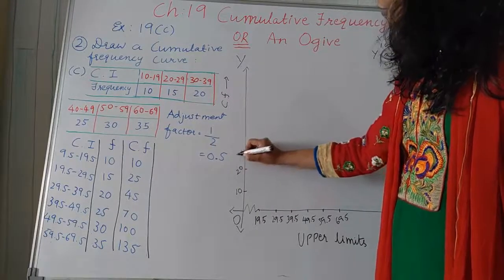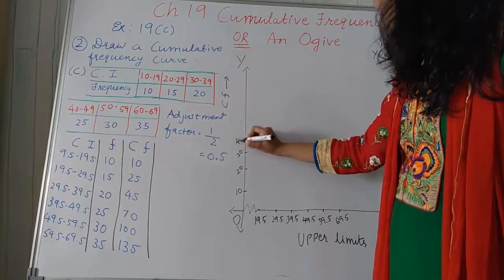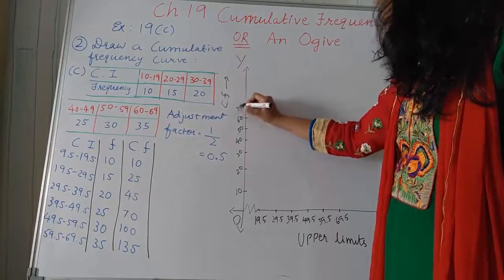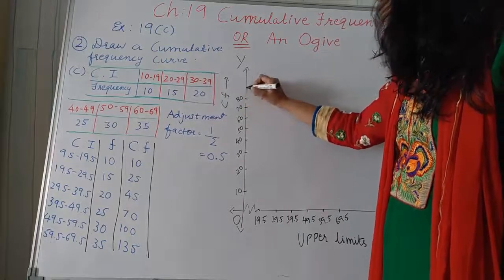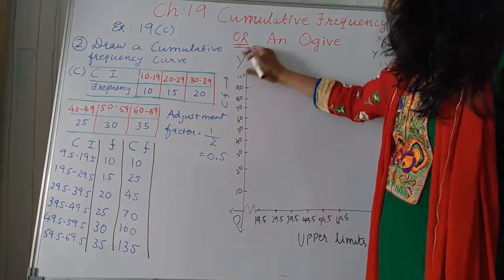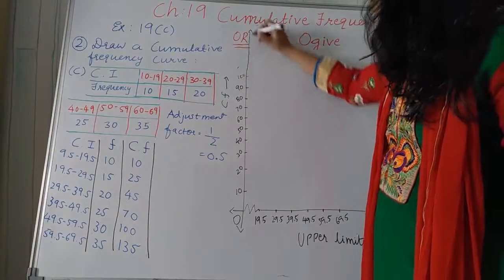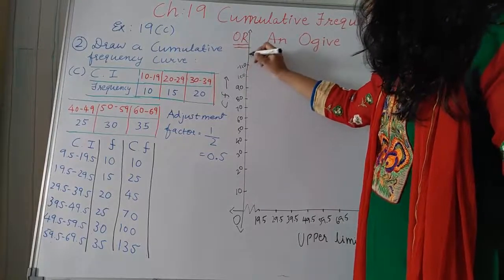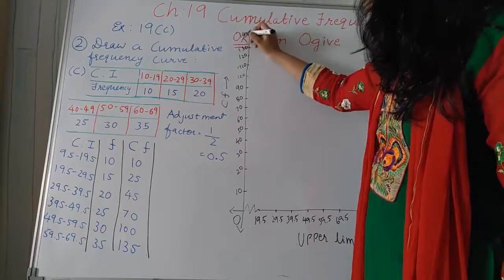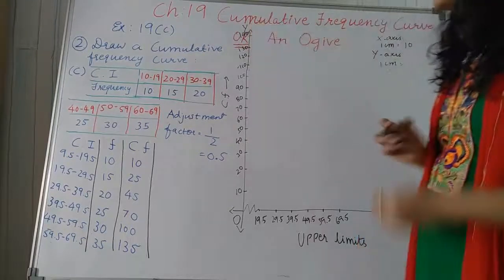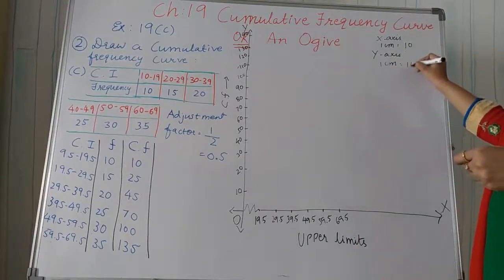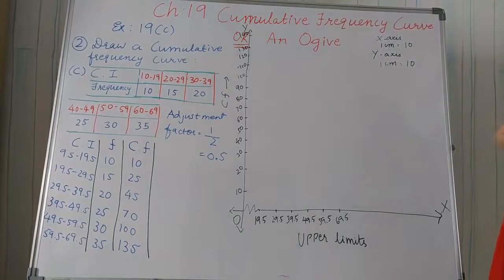So 10, 20, 30, 40, 50, 60, 70, 80, 90, 100. Then we have to go further up to 140. So 110, 120, 130 and last is 140. This is the y-axis, correct? So here also we have chosen 10 gaps, which means 1 centimeter is 10.